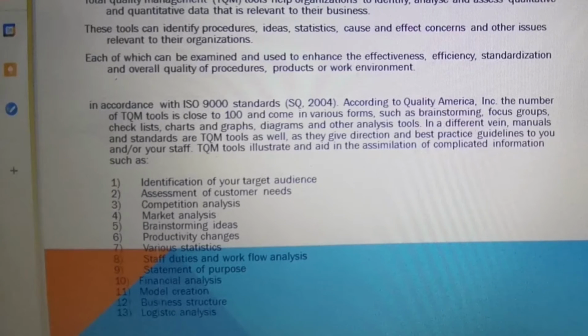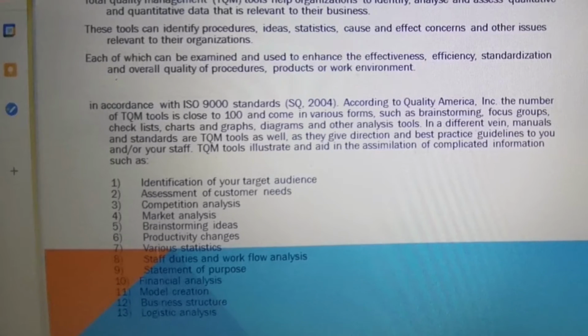Total quality management tools illustrate and aid in the assimilation of complicated information. Such information includes identification of target audience, assessment of customer needs, competition analysis, market analysis, brainstorming ideas, productivity changes, various statistics, staff duties and workflow analysis, statement of purpose, financial analysis, model creation, business structure, and logistic analysis. Those are just some of the information that requires the use of these tools.